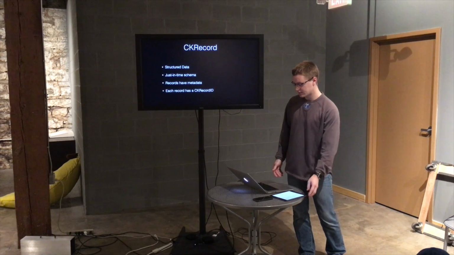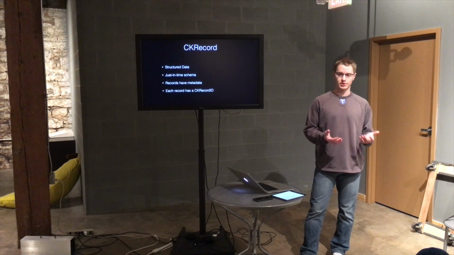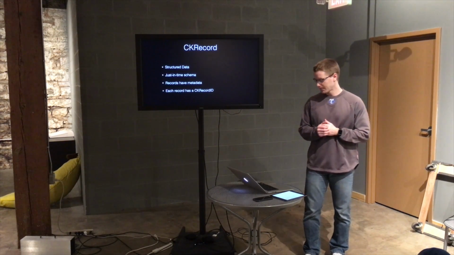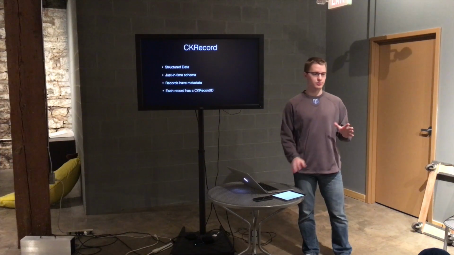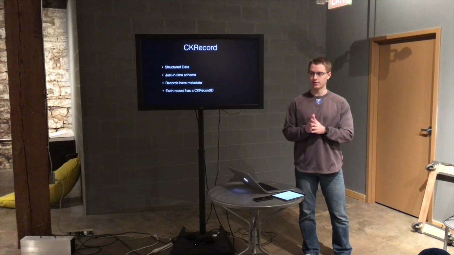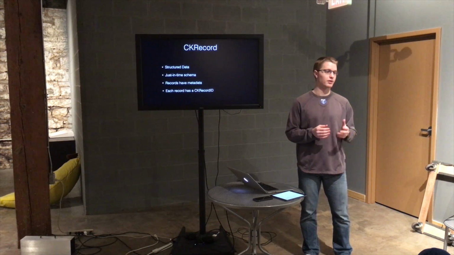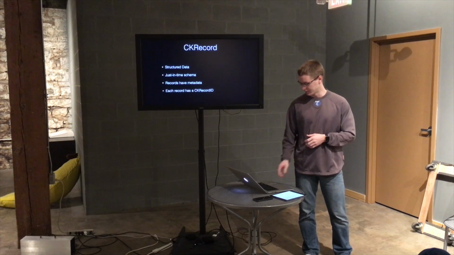So CKRecords are how you store your structured data inside of CloudKit. And we'll get into some of the verbs in a little bit and how you actually would save a record or fetch a record from the database.